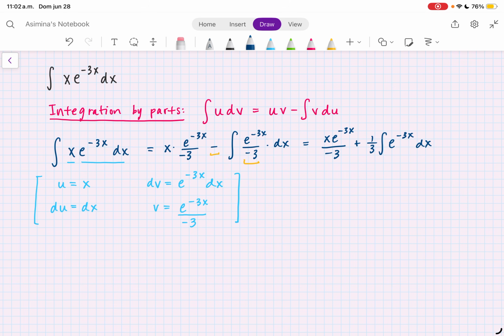Now we've already taken the antiderivative of this, right, when we went from dv to v, so we know what that is. So this is x e to the negative 3x over negative 3 plus 1/3 times e to the negative 3x over negative 3 plus c.